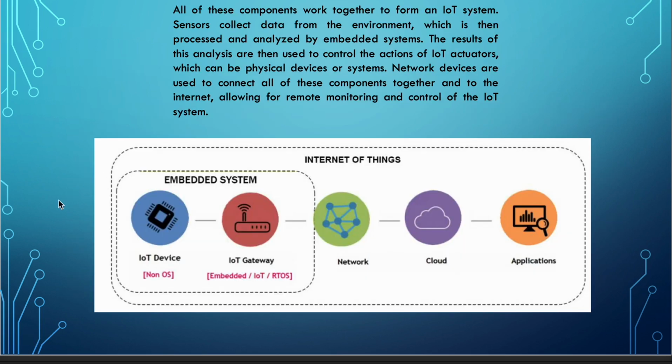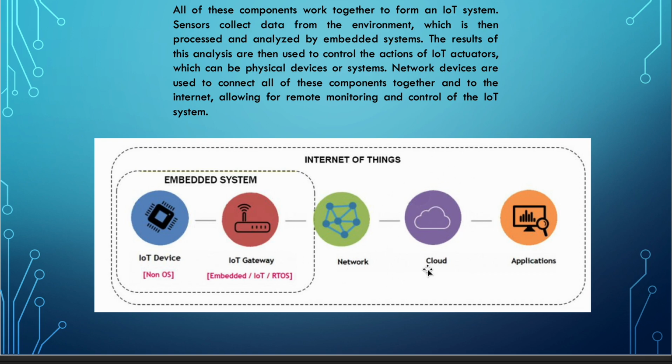Again, in the Internet of Things, this would be the structure: multiple devices connected with each other, connected to IoT gateways, and then connected through standard protocols to the network.